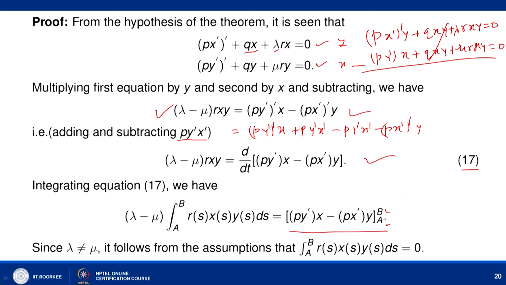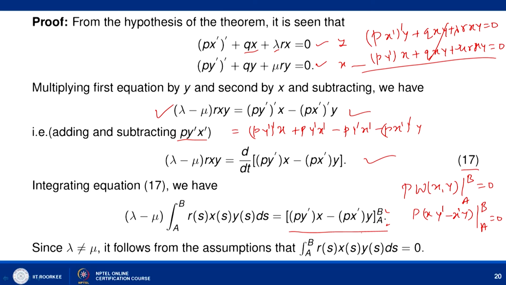What is given here is that p times the Wronskian of x and y from a to b is equal to 0, meaning p times the Wronskian of x y, which is x y dash minus x dash y, given at b minus a, is equal to 0. So this is already given, which is written here, p x dash y at b minus a.